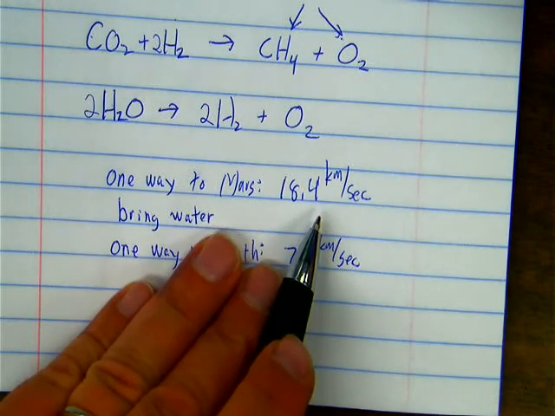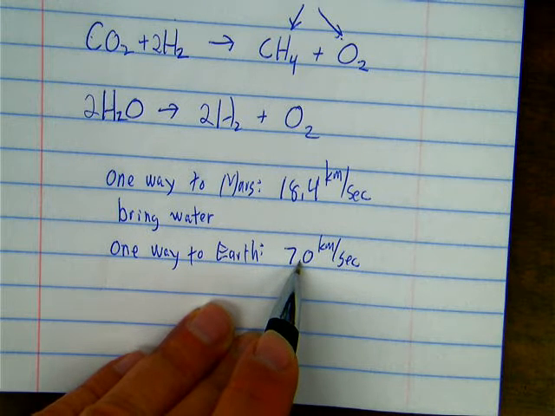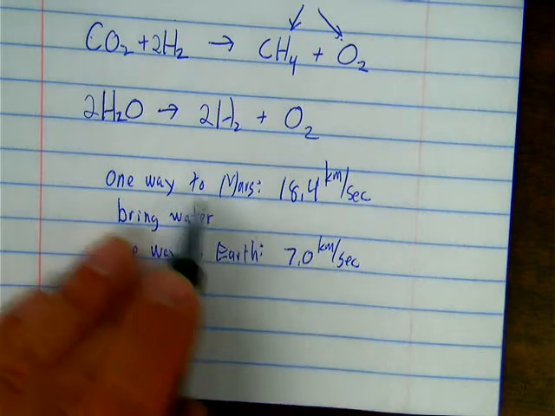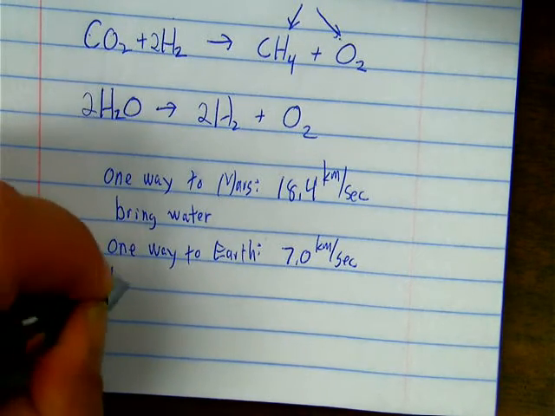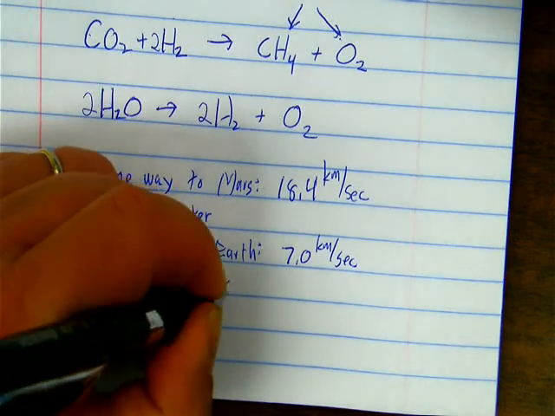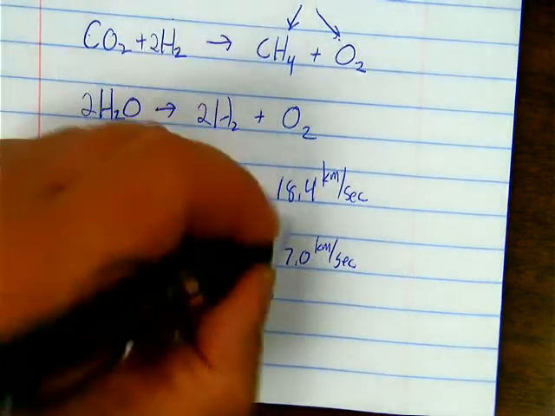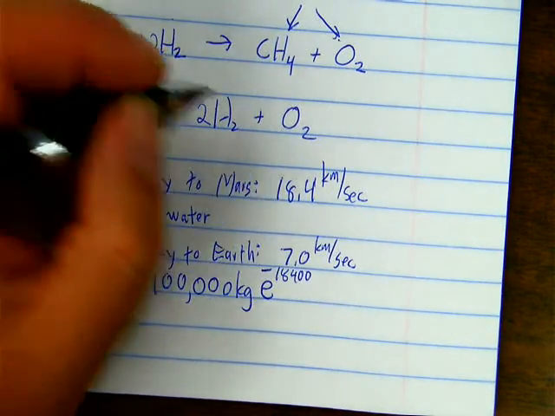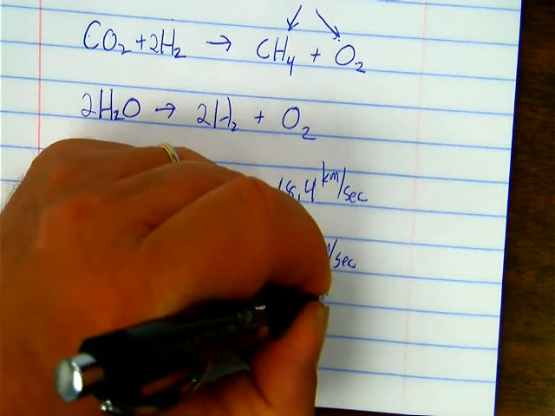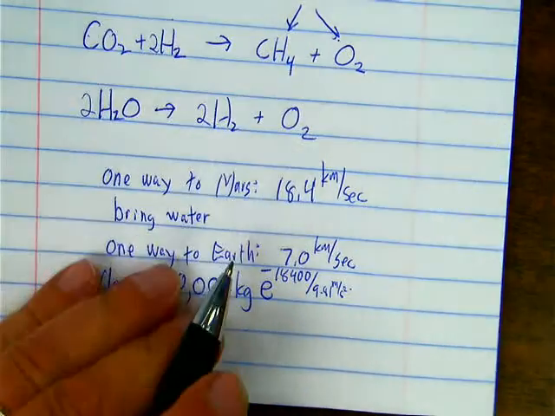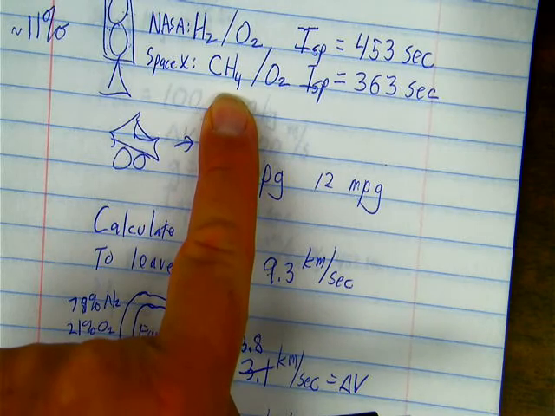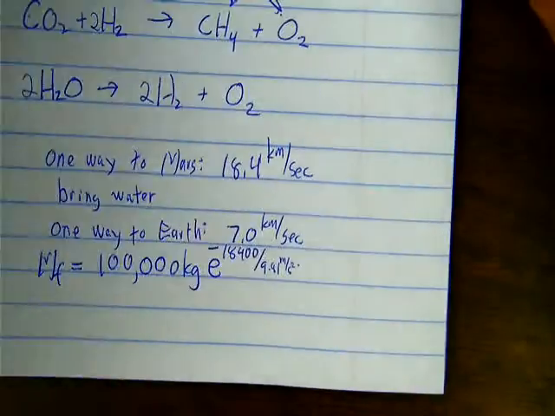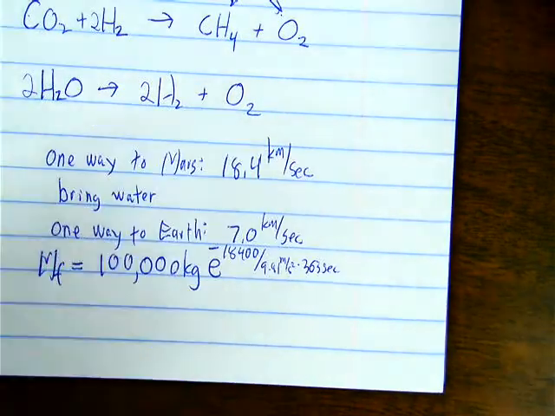So if we're only going one way to Mars and then using Martian resources for the fuel to come to Earth, what happens to our final mass if we start off with 100,000 kilograms and now our delta V is negative 18,400 meters per second, divided by 9.81 meters per second squared times, and here's the reason. Elon Musk is building his engines to run on methane because that is the fuel that is on Mars. That's why. So we're going to use methane, 363 seconds, and calculate.